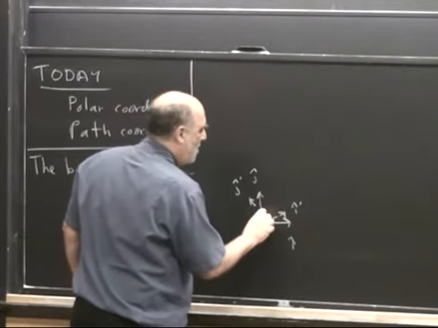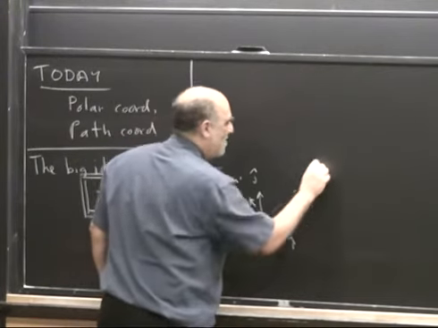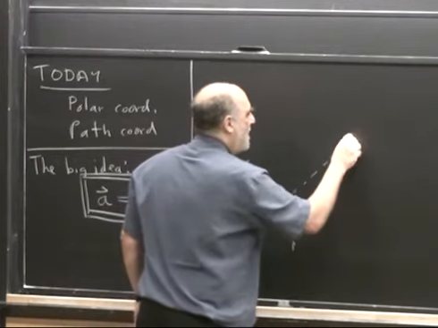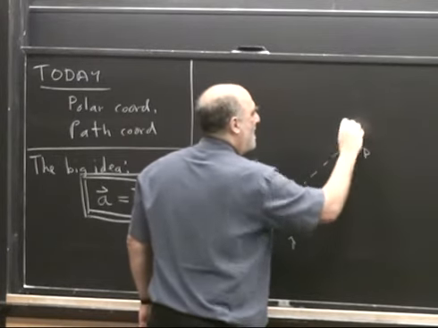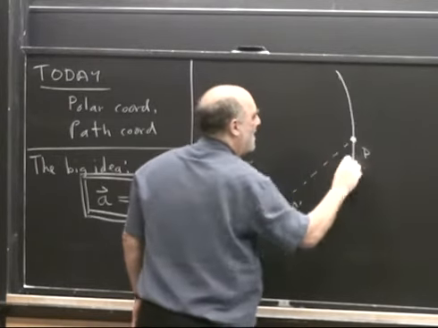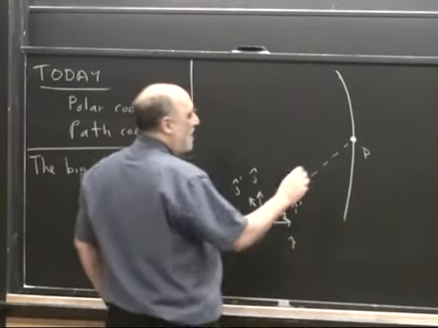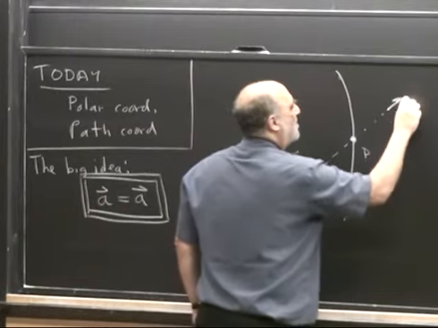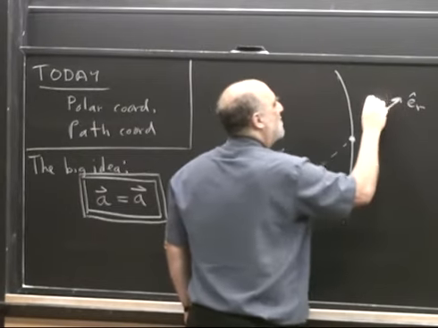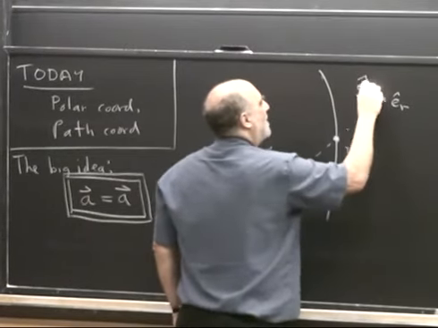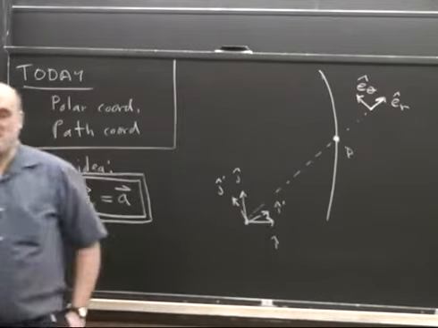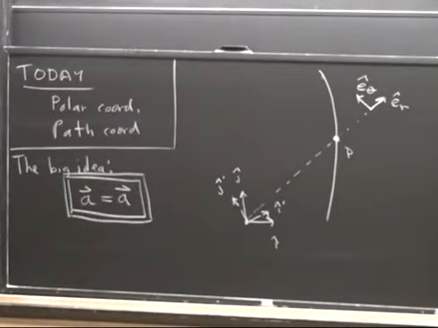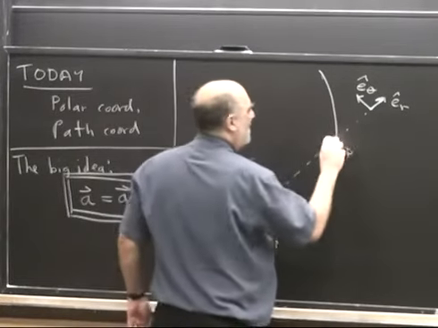And we can look at some particle which is out here someplace, and this is the particle of interest, and it's traveling on some path like this, and we can pay attention to coordinates that are associated with this particle, say e sub r and e sub theta. And there's actually one more natural coordinate system which we haven't discussed yet, but I'm going to discuss today.